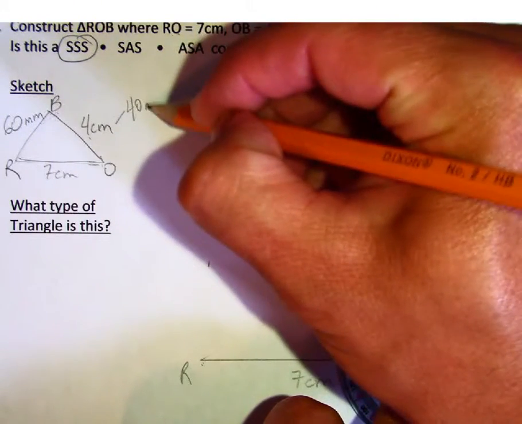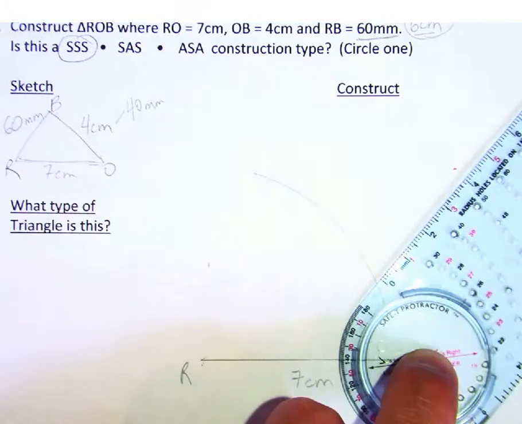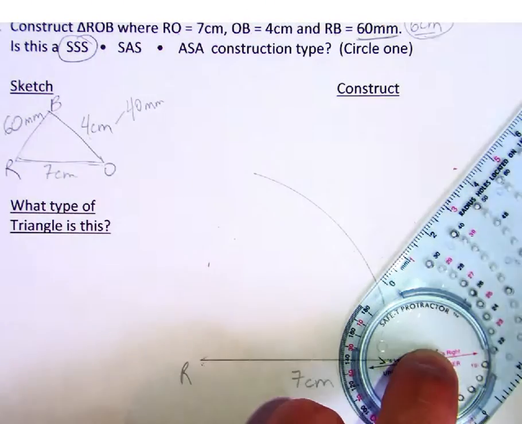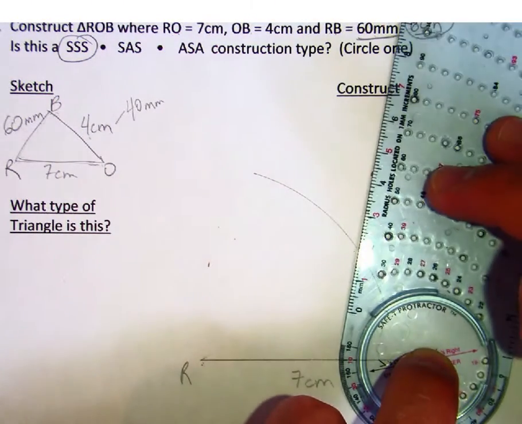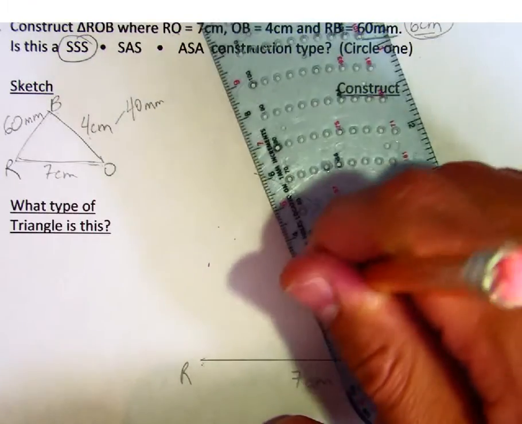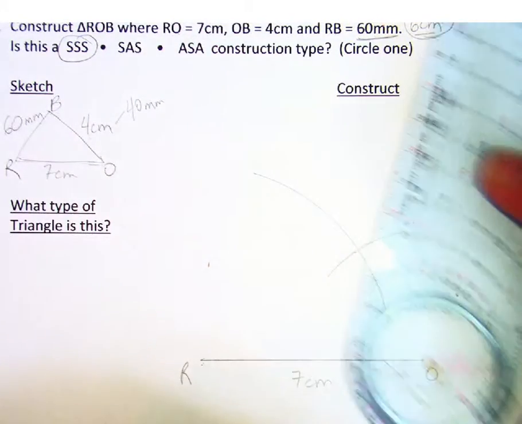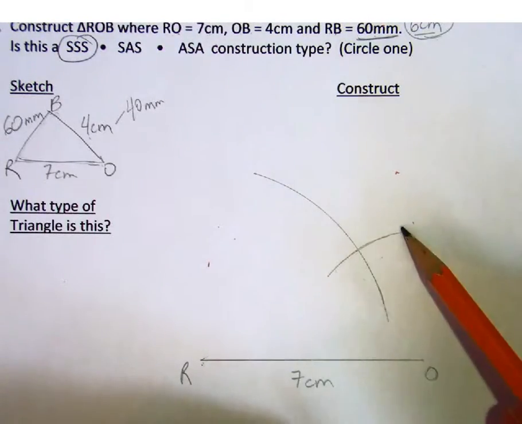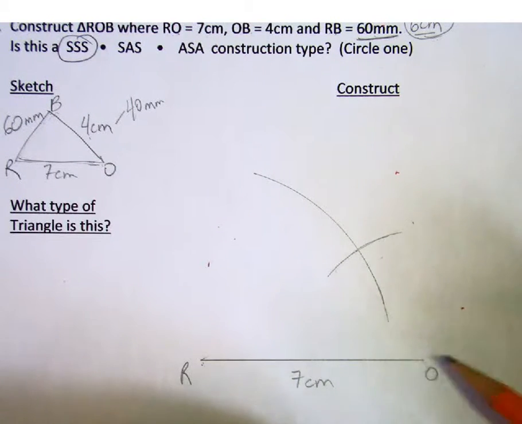Remember that's 40 millimeters because my safety compass uses millimeter measurements. So what I'm going to do is describe an arc. There we go. This arc, everywhere along here, is 40 millimeters or 4 centimeters away from O.